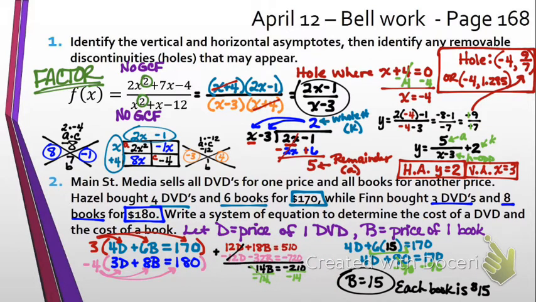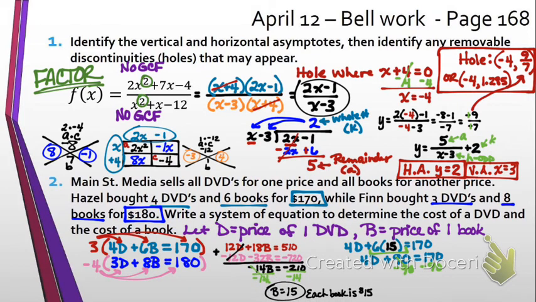So I have 4D equals 80. Divide both sides by 4. And we find out that D is what? 20. D is 20. What does that mean? $20 for each DVD.